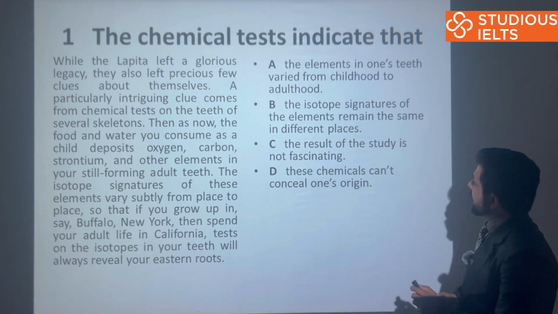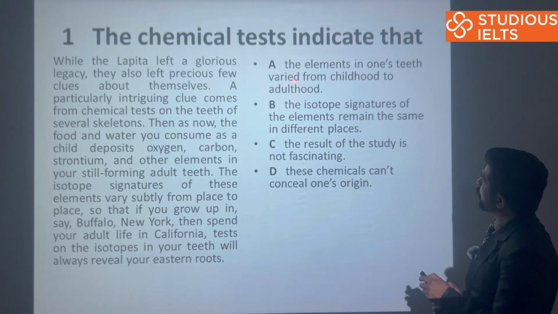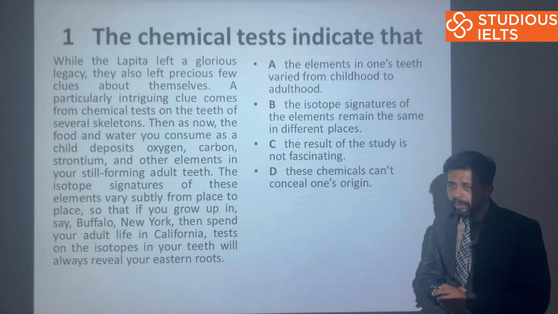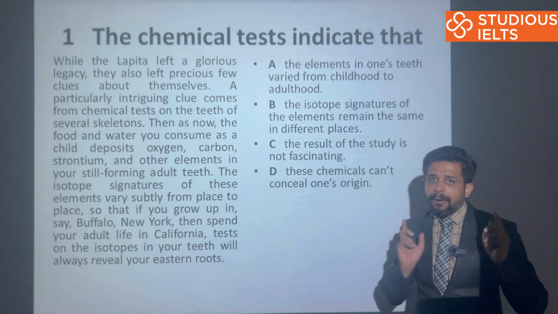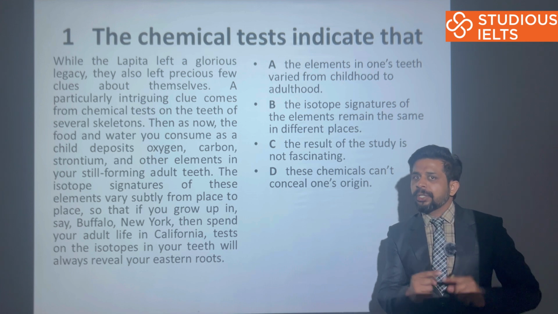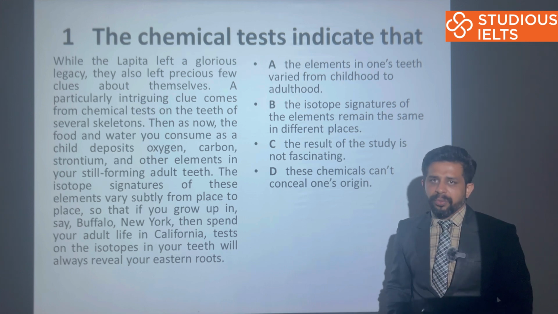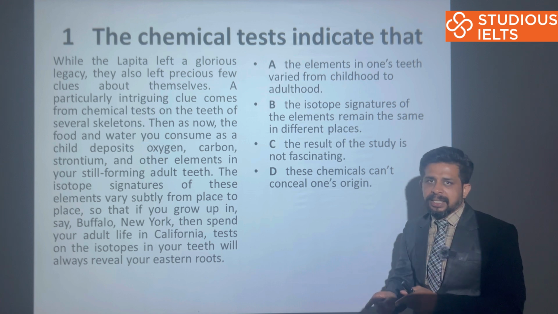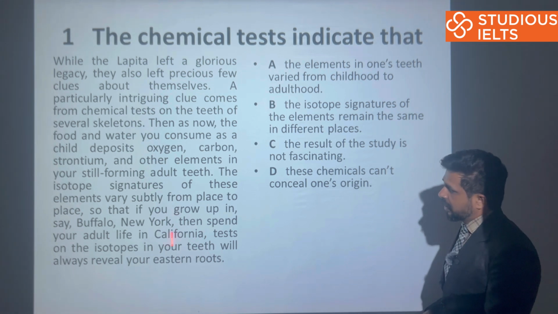So option A says, the elements in one's teeth varied from childhood to adulthood. Now, the passage said it varies from one place to another place, but what is stored during your childhood will never go away. It will stay there. That's what the paragraph said.